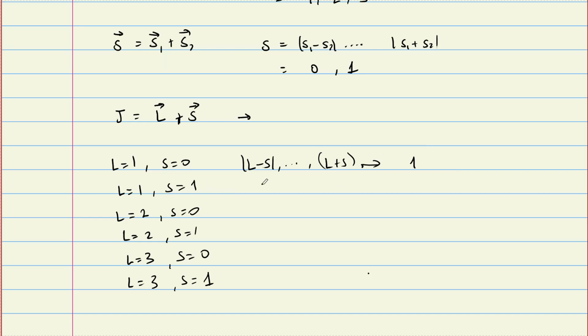This one, L minus S is 0, L plus S is 2, so it's going to be 0, 1, and 2. This one is again only 2. This one can be 1, 2, and 3, and so on. It looks a little bit elaborate, but it is not. You just need to consider the possibilities one by one.